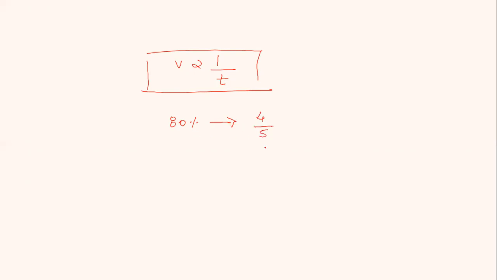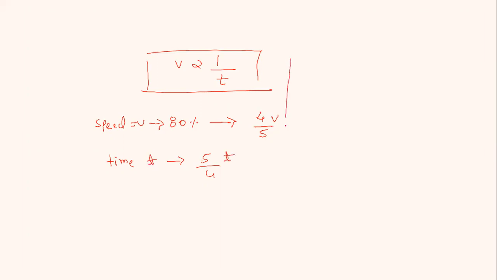So if speed becomes 4 by 5 times of original, what will happen to time? Time taken will become 5 by 4 times, right? So if initial speed was v, it is now 80%, so new speed is 4 by 5 v. If initial time is t, new time will be 5 by 4 t.